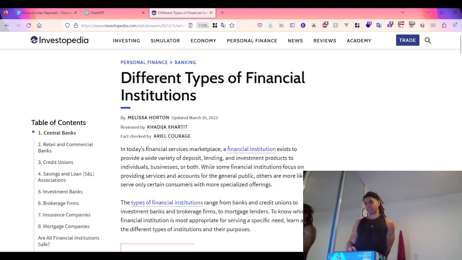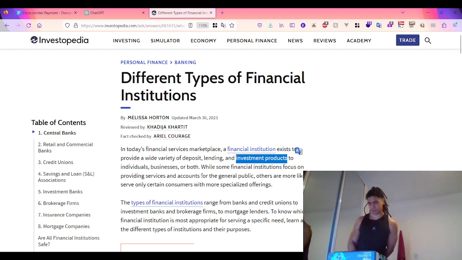While some financial institutions focus on providing services and accounts for the general public, others are more likely to serve only certain customers with more specialized offerings. So financial institutions exist to provide deposit, lending, and investment products.